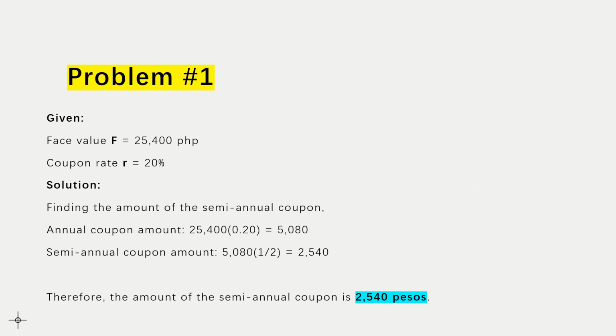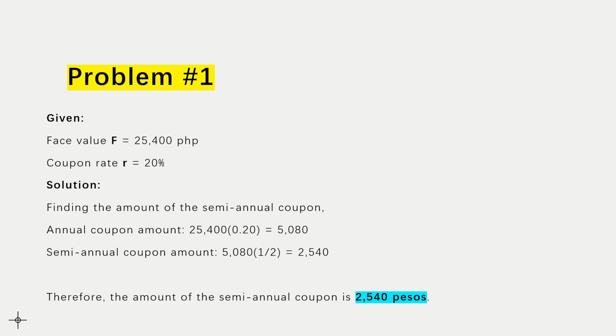So for our problem 1, the given is the face value F, which is equal to 25,400 pesos. And for our coupon rate, which is the variable r, we have 20%. For the solution, since we're finding the amount of the semi-annual coupon, taking into notice that semi-annual means half a year, we'll be using that later.